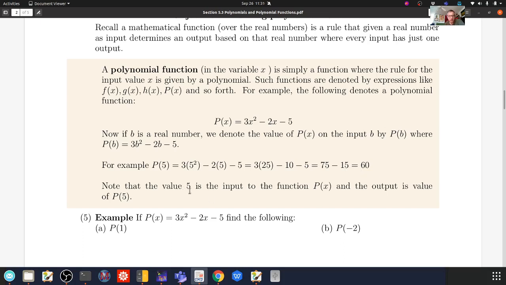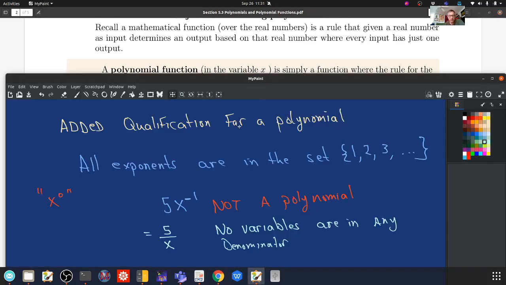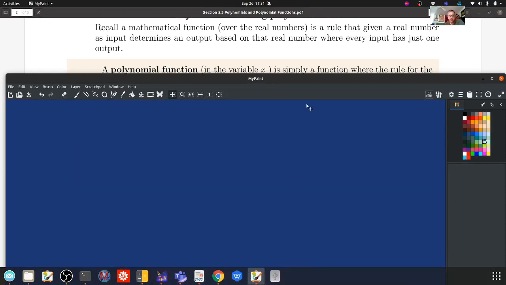Note that the value 5 is the input to the function p of x, and the output is the value of p of 5. So here's the thing. Every polynomial is a function. In other words, if I go back to my list here, to the very top, where I gave you those, oh, I don't have it anymore, do I? Because I started another page.